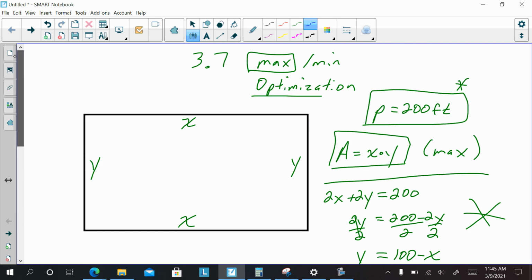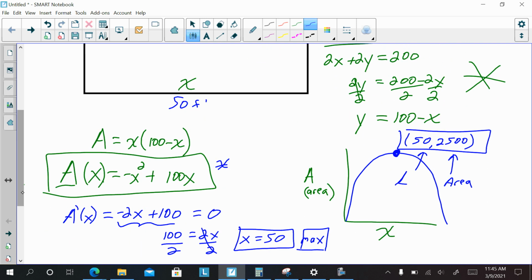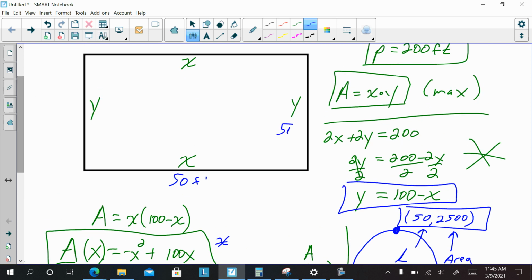If we look back to our picture, this is maximized when x is 50 feet. If we want to get y, then we can come down to the equation here. Well, when x is 50, y is 100 minus 50, so that would make y 50 feet. And as we've already determined, the area when x is 50 is 2,500 square feet.